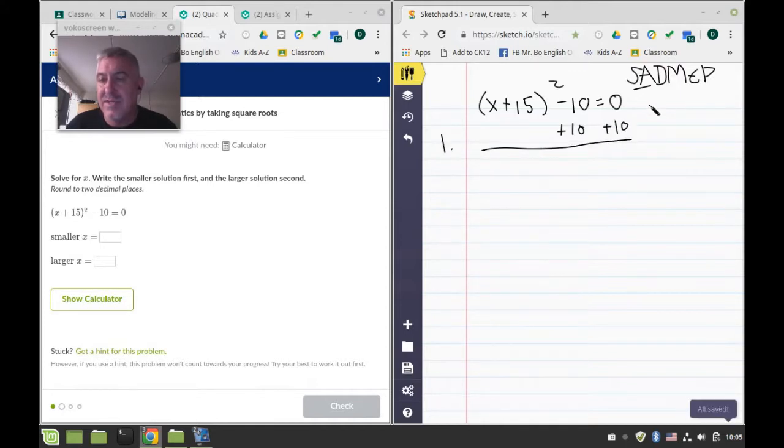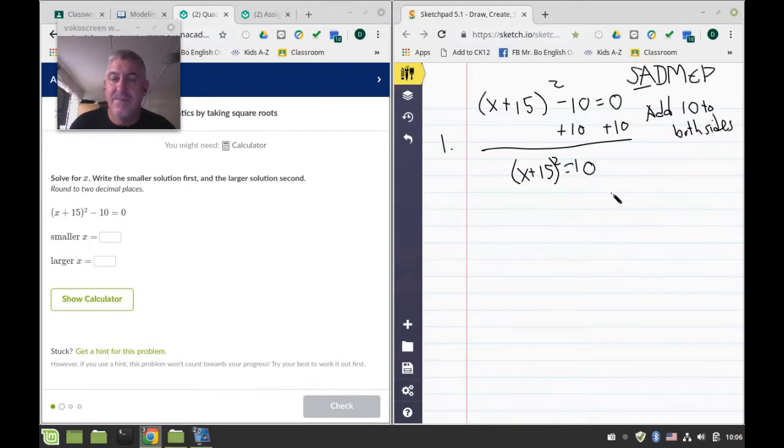Step 1 is add 10 to both sides. Okay, so now I've got x plus 15 squared is equal to 10. Let's see, divide and multiply. I don't really have a coefficient up here, so nothing to do.